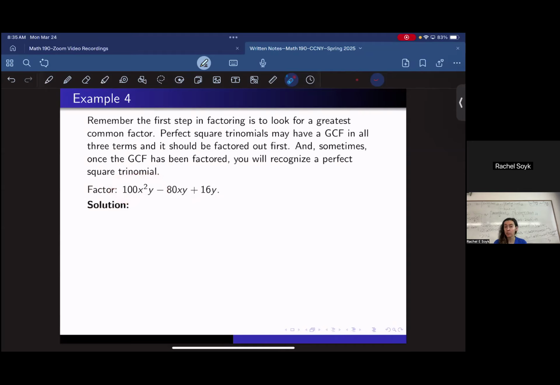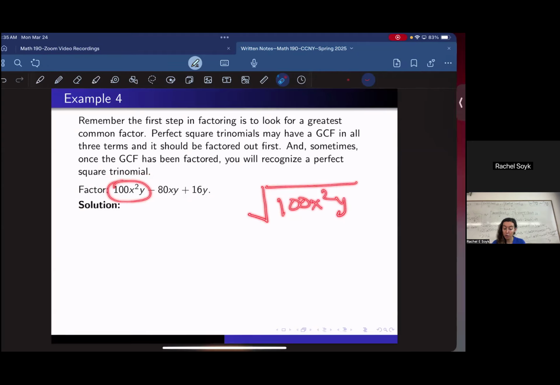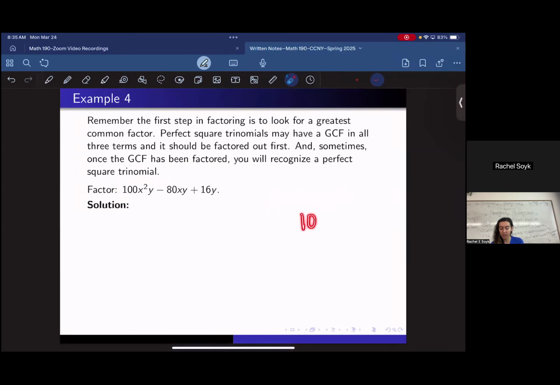Well, you can, but then you're just going to be left with the square root of 100x squared y. Because the square root of 100x squared is just 10x, but then what about that y? And that's where this comment section comes into play. You know that every single one of these terms shares that y.